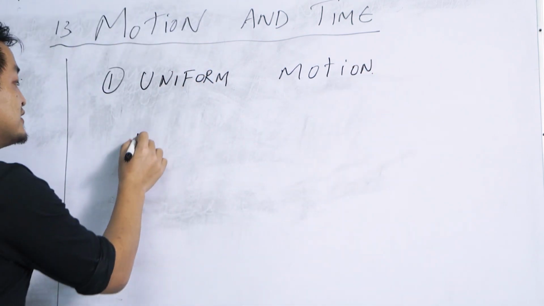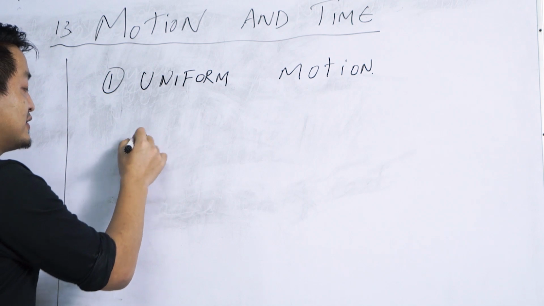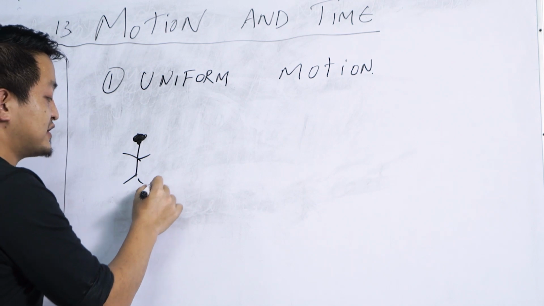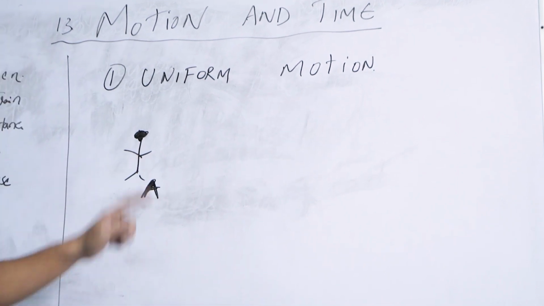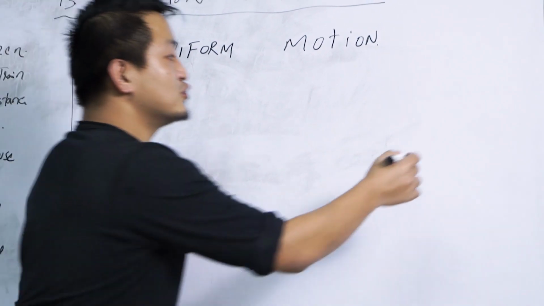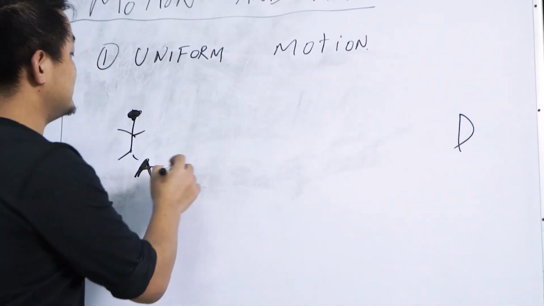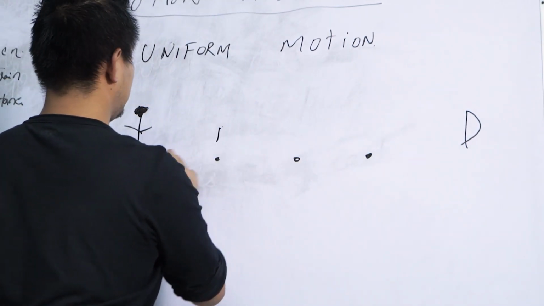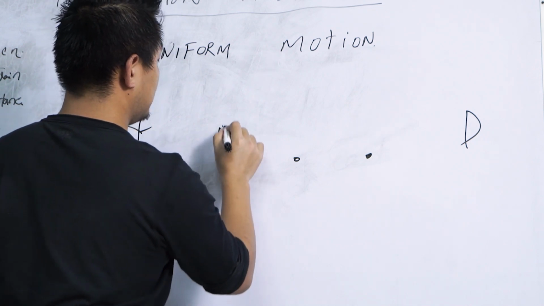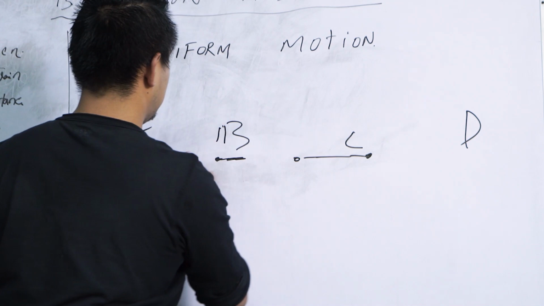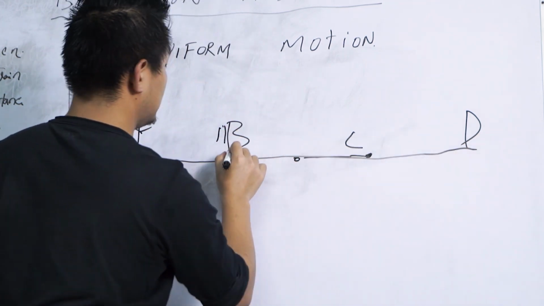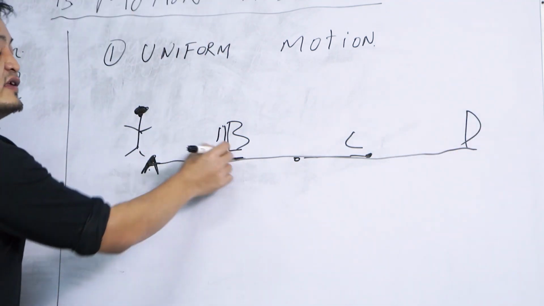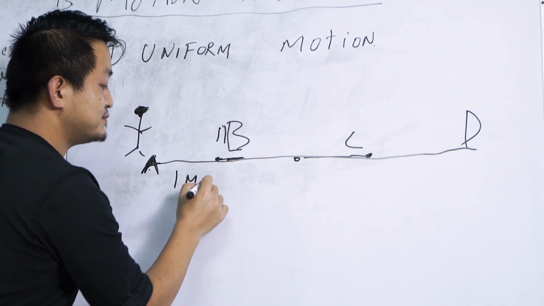Now let's consider this guy as one of you. He starts at this initial position, let's mark it as A. Now he wants to go to this position D. So we have A, B, C, D. From A to B he takes 1 minute.